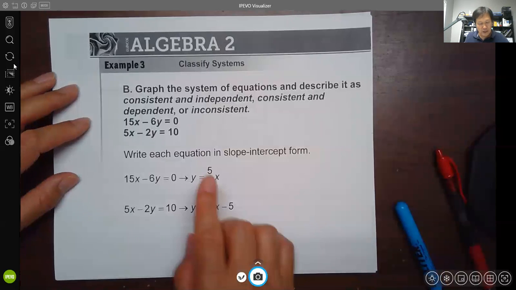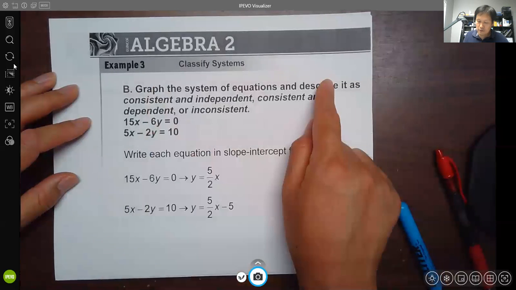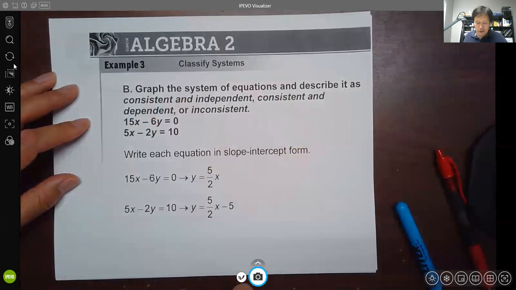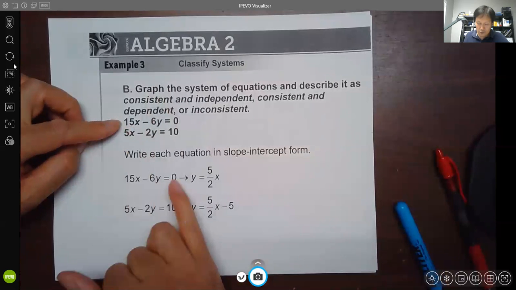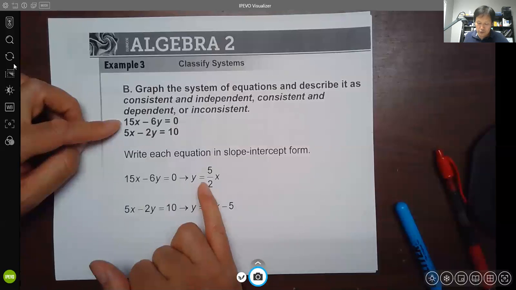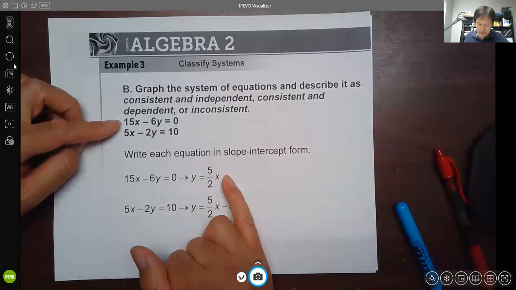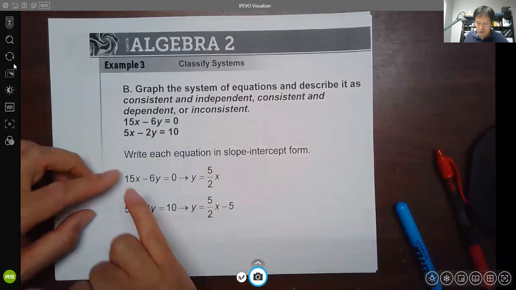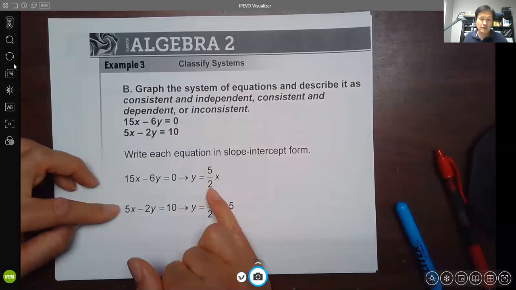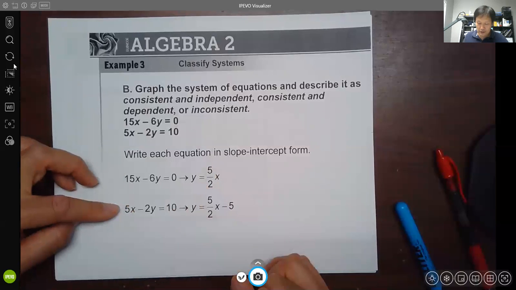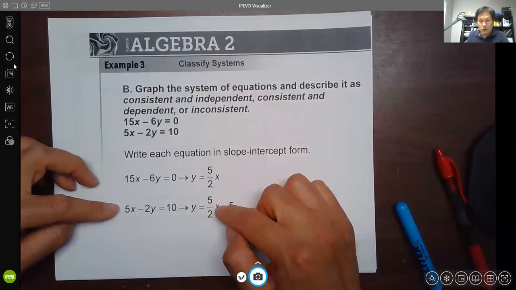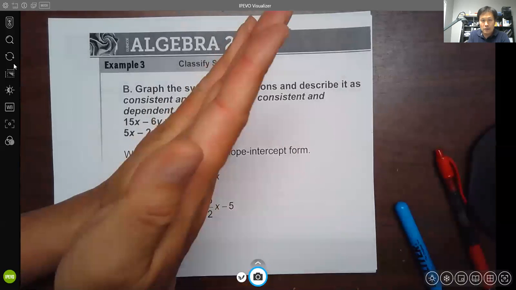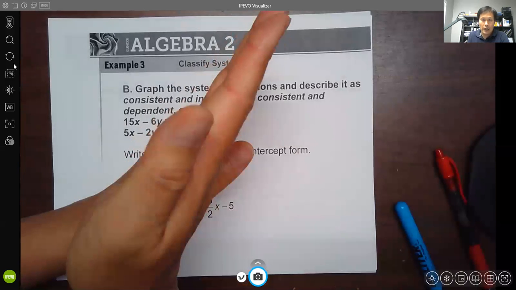Okay, same question: graph it, classify. Given 15x minus 6y, solve for y: y equal to 5 over 2 x. Solve for y with the second equation: y equals 5 over 2 x minus 5. Aha, look at this. Slopes are exactly the same, so either they're the same line or parallel lines.